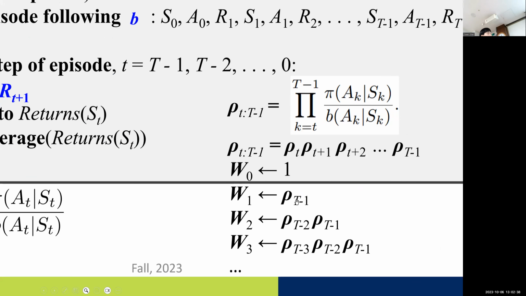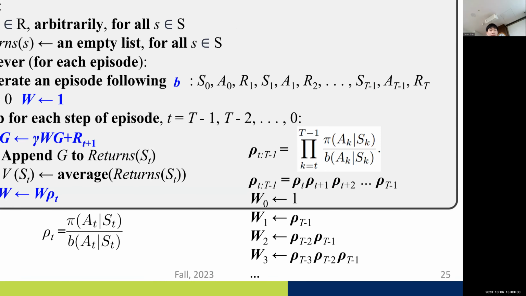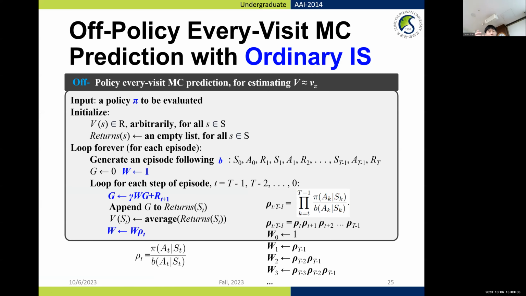W1 equals rho T minus 1. W2 equals rho T minus 2 times rho T minus 1. We just continue this process until eventually we reach the original step 0. Each W is the importance sampling ratio for this state. This is how we can update the previous on policy MC prediction to off policy.